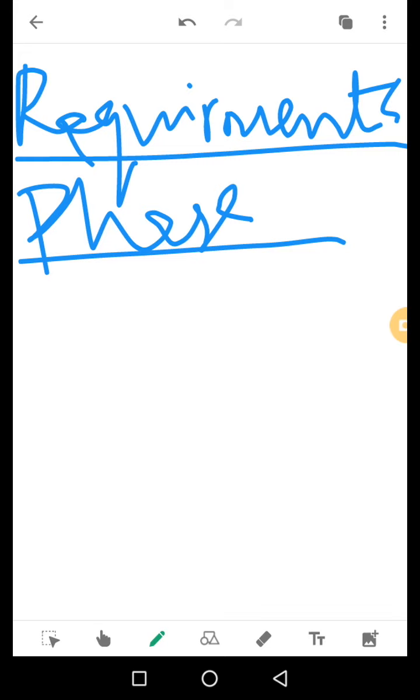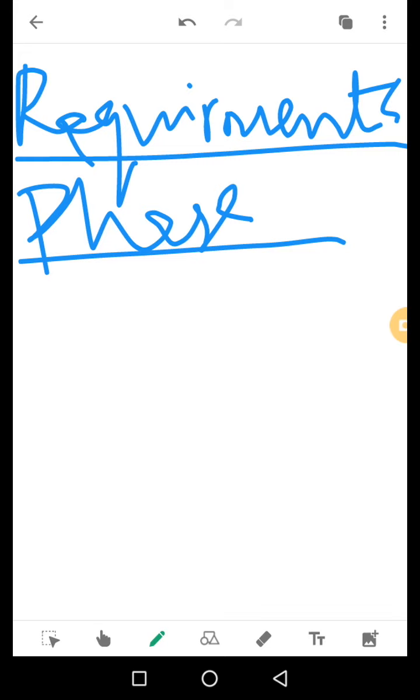Are you getting it now? Then modeling and analyzing these requirements and documenting them as a foundation for system design. So you are going to model these requirements, you are going to analyze them, and you are going to document them as a foundation for the system design. Are you getting it now?